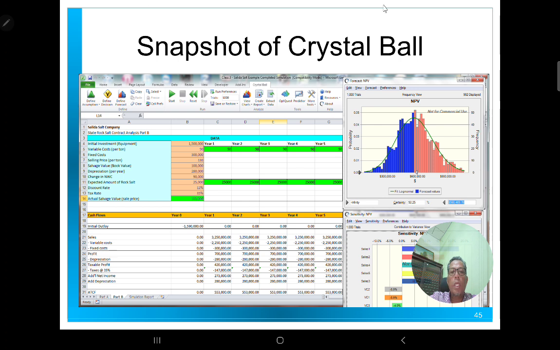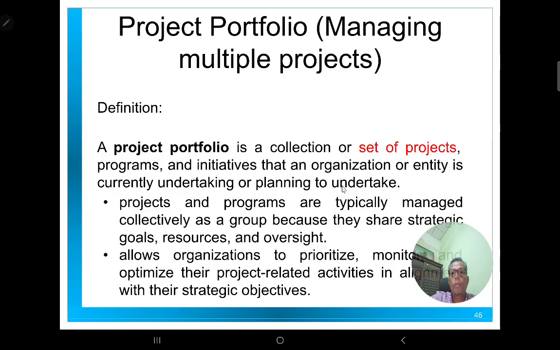You will not be shown how to use Crystal Ball, but maybe you can find other resources on the Crystal Ball application, which you can use to identify the worthiness of the project, whether it should be implemented or not. So just to say that there is software you can use to determine whether a project is worth implementing or not.